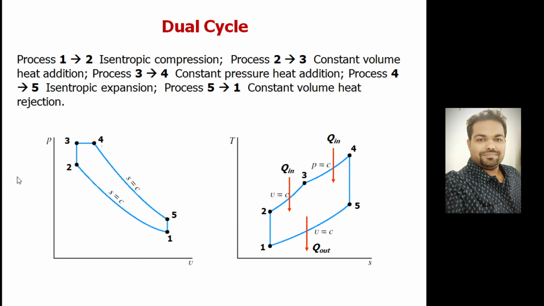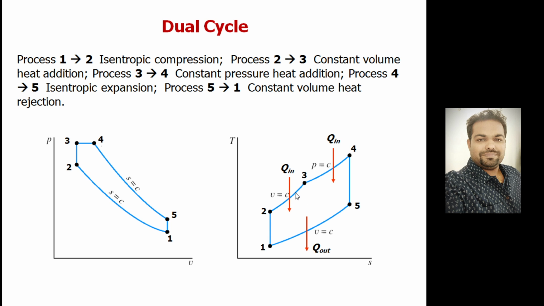If we draw this, process 1 to 2 is reversible adiabatic compression, followed by reversible constant volume heat addition, then 3 to 4 reversible constant pressure heat addition, then expansion, then rejection at constant volume. If we draw this on temperature versus entropy, process 1 to 2 is an isentropic compression, followed by a constant volume line.